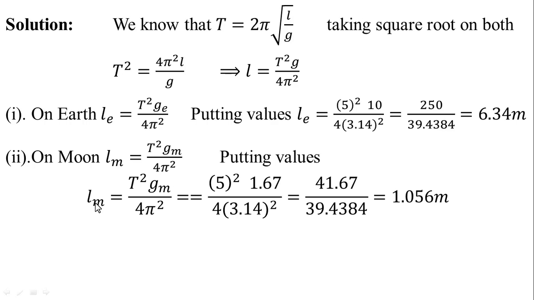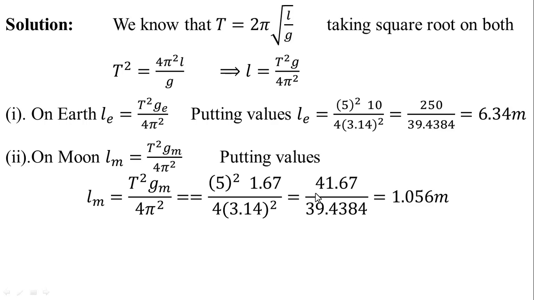Now calculate the length on moon, that is also required in the question: T square GM over 4 pi square. Putting the values, length of simple pendulum LM is equal to 5 square multiplied by 1.67 divided by 4 into 3.14 square.